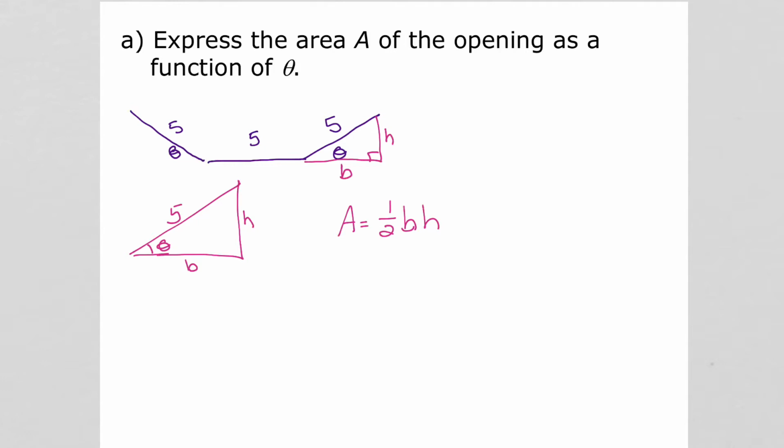Let's take this triangle and solve for the height. If we want the height, that's the opposite of theta, so we need to use sine. Sine of theta is opposite over hypotenuse. So H, if we multiply both sides by 5, is 5 sine of theta.